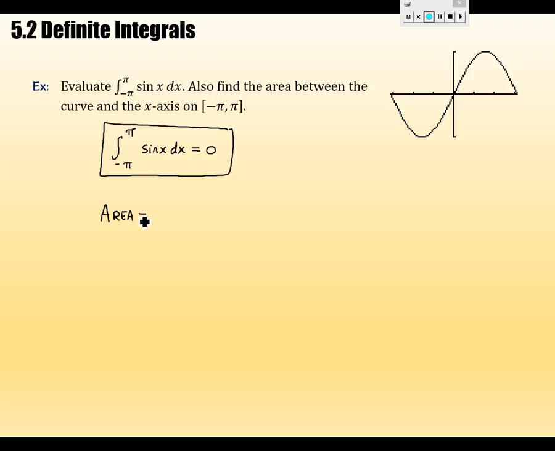Now, how'd you actually compute this on your calculator? Because obviously you can't just type in the integral because that gave us 0. So what did you type in, Matthew? I put in 2 times the integral from 0 to 5 of sin x dx. So that way it gets both the right and the left.